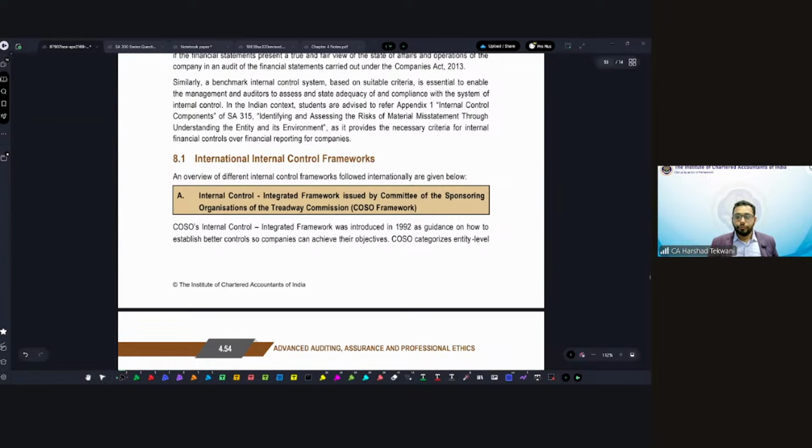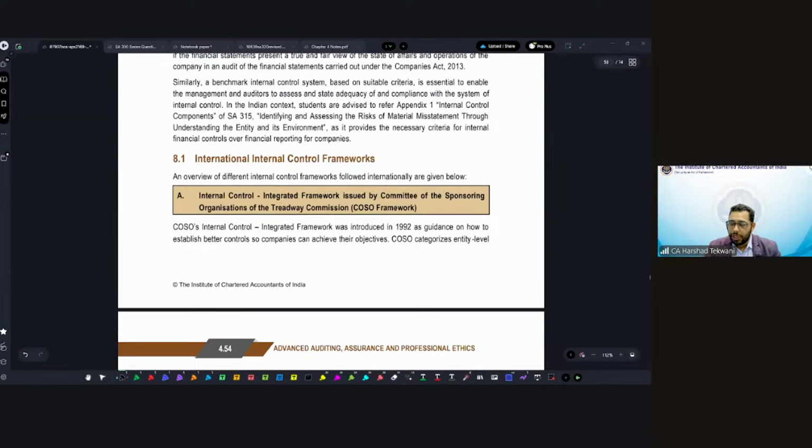Apart from COSO, it has a very good journey when I talk about the COSO framework. The COSO framework for internal control was announced in 1992, and since then it has evolved in multiple ways.